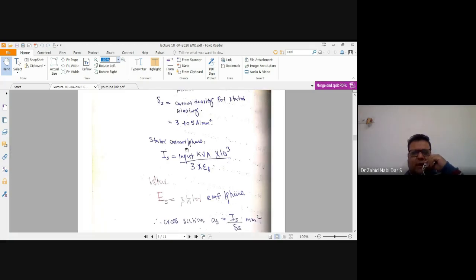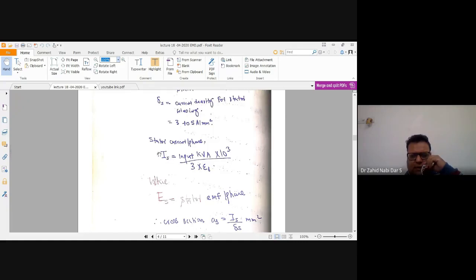The stator current I have also made you write in the notebook, so you look at that also. Now stator current per phase: your input kVA in a three phase machine would be 3 times E stator into I stator, into 10 power minus 3.